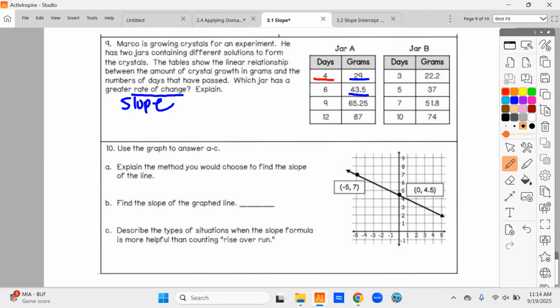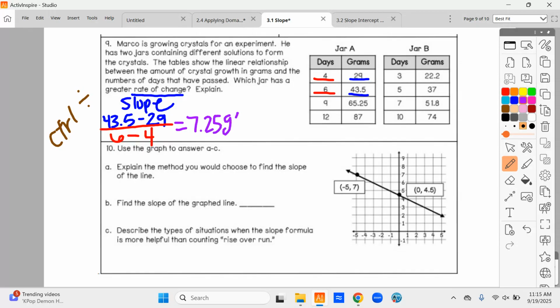I'm going to say 43.5 minus 29 over 6 minus 4. Now you can press control divide to get your numerator, denominator, your fraction bar, and that would simplify to 7.25. So that's 7.25 grams per day.